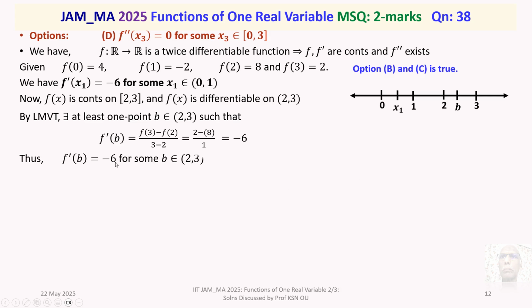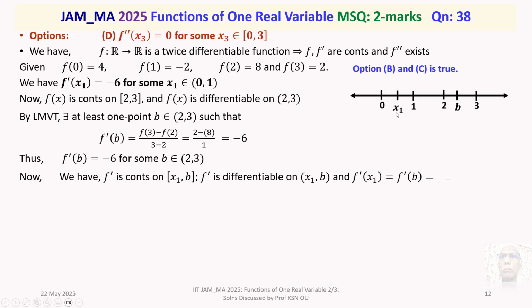Thus f prime b is minus 6, and we have f prime is continuous in the closed interval x1 to b. f prime is differentiable in the open interval x1 to b, and f prime x1 is equal to f prime b is equal to minus 6 at the end points of the interval x1 to b. We can apply Rolle's theorem here.